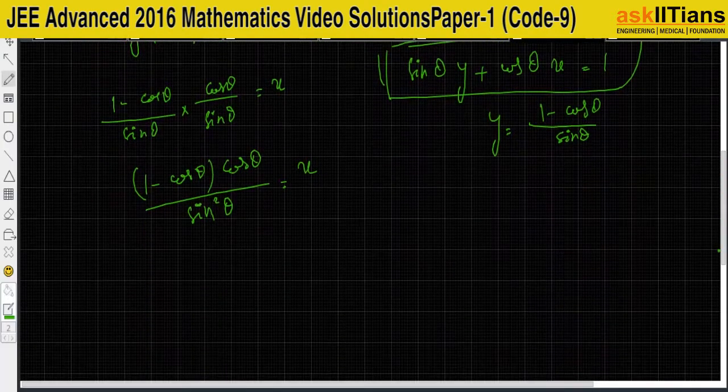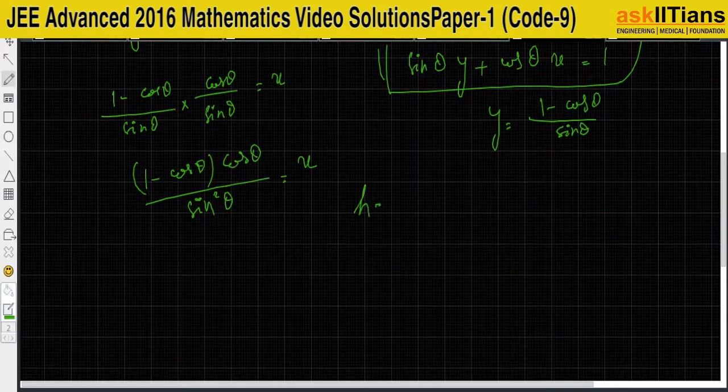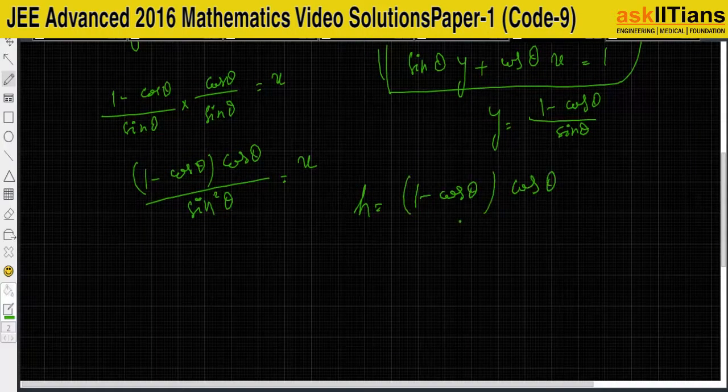So we know the value of h and k. This is h. H is nothing but (1 minus cos theta) into cos theta divided by sin square theta, and what is the value of k? K is (1 minus cos theta) by sin theta.